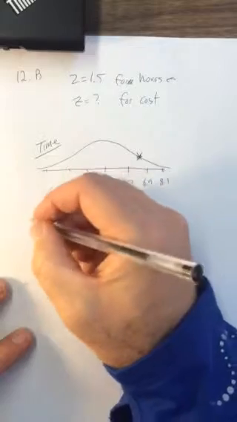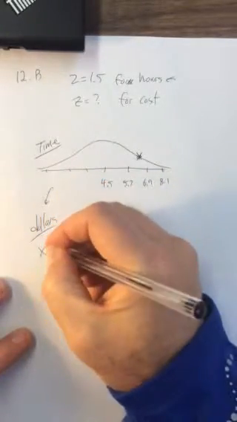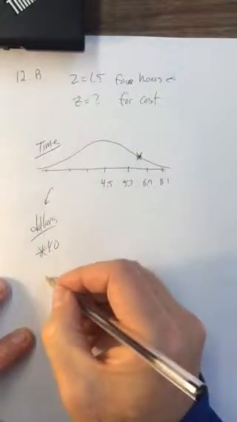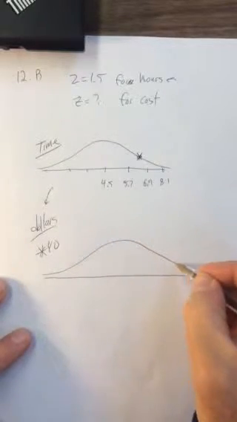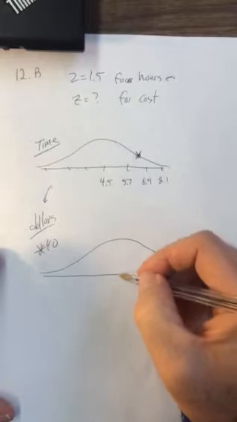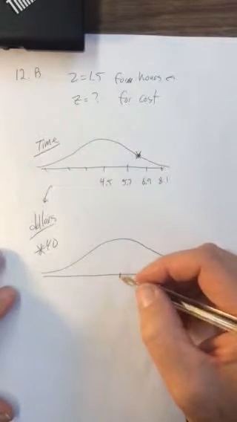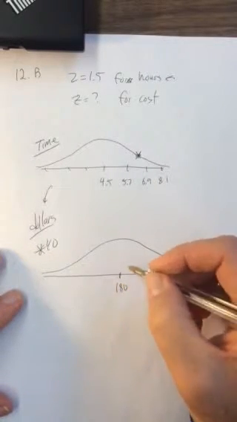Time gets turned into cost by multiplying by 40. If you think about it a second, if we just multiply everything by 40, it's not really changing how it's spread out. It's still spread out the same way. So our middle is 4.5 times 40, 180, I think.